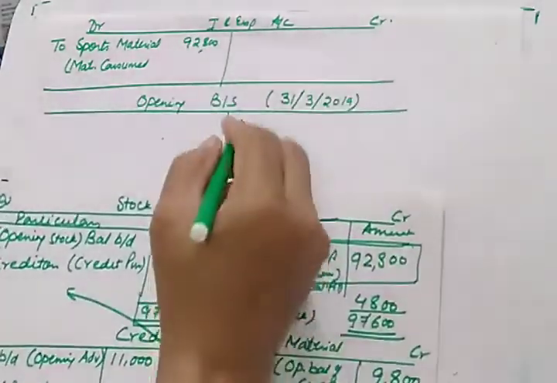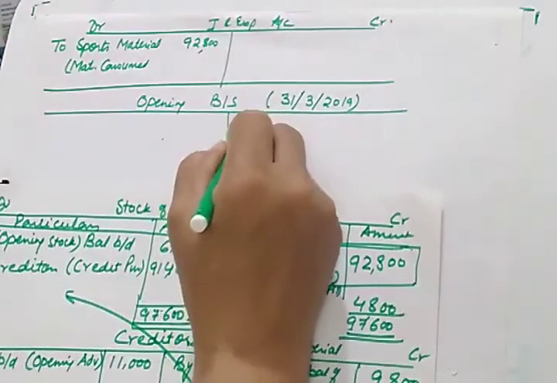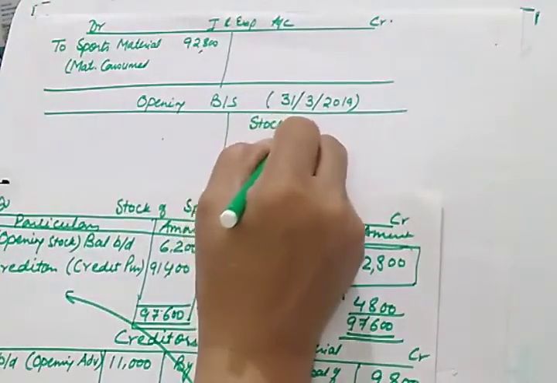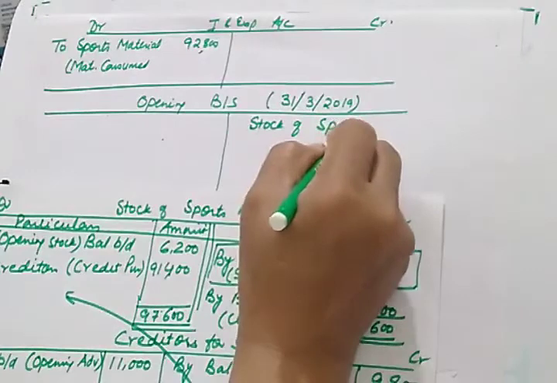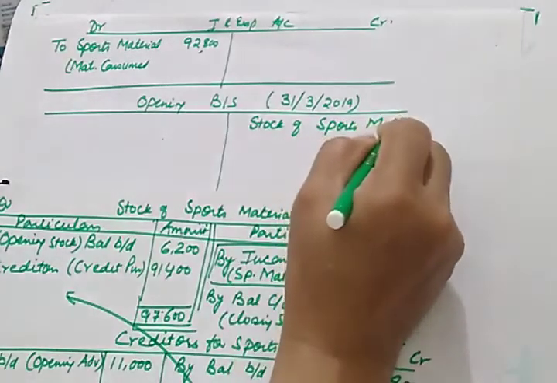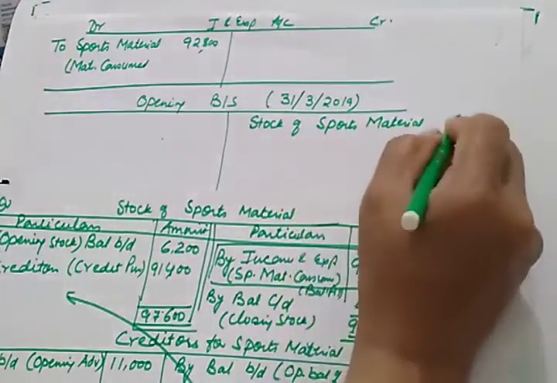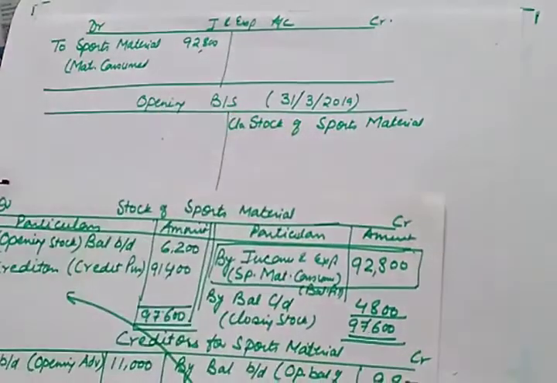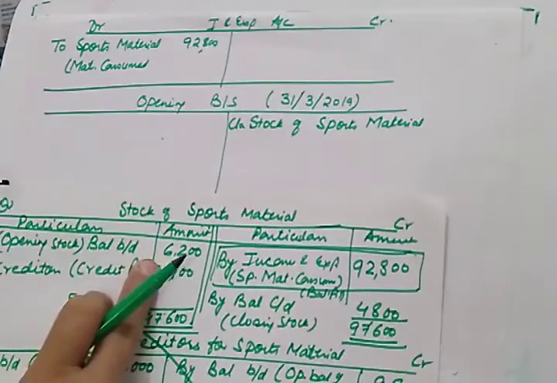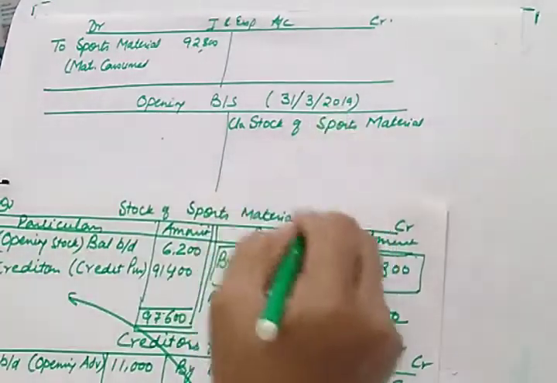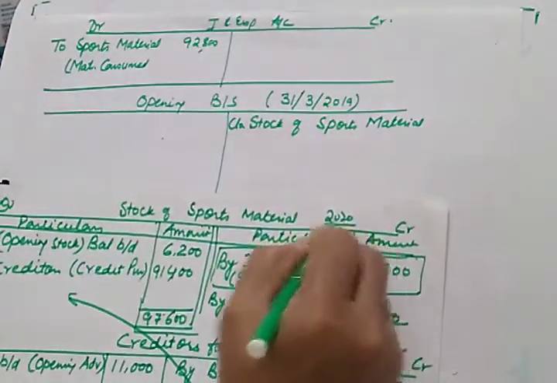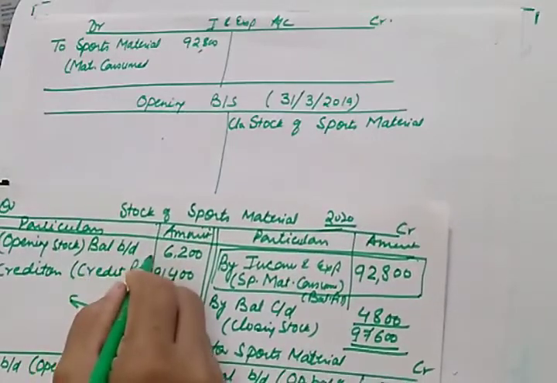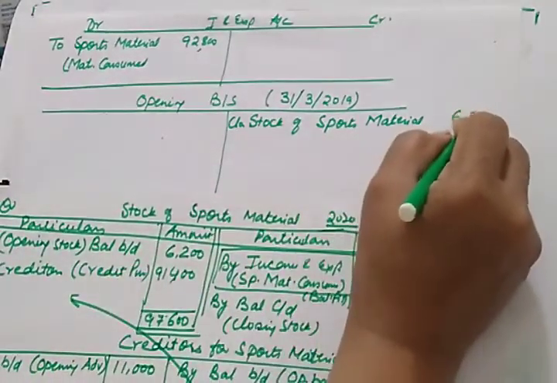So stock of sports material is your asset. Stock of sports material is to be shown on asset side. This is closing stock. And the current year it becomes opening, but last year means this is for 2020, no? So last year in 19 it was closing stock 6,200.